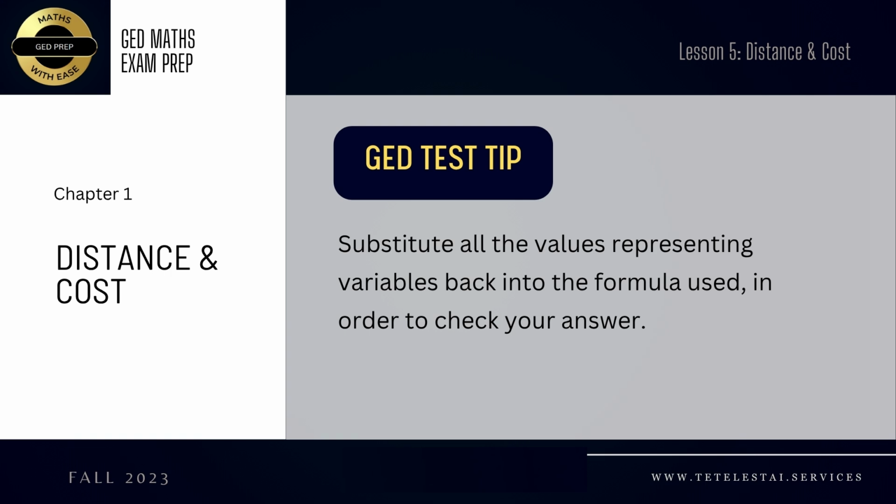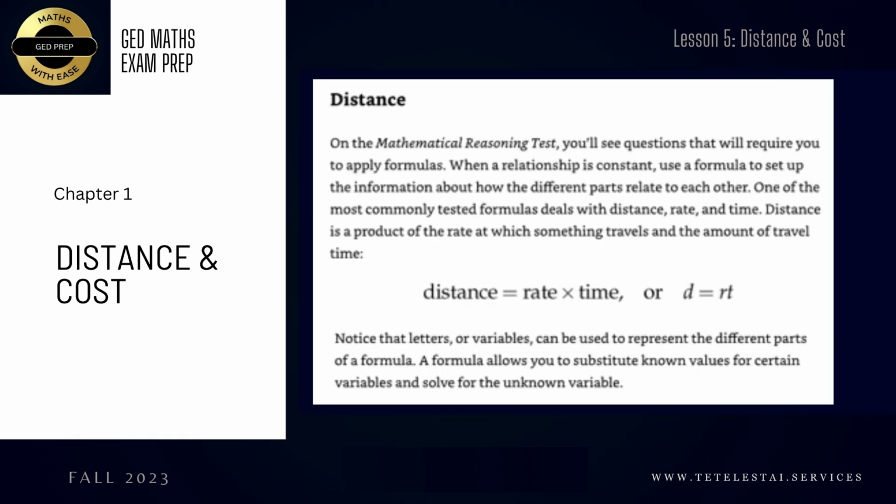All it's telling you is that D represents something, in this case, distance. And that distance is equal to how fast you travel, or the rate of your speed, and how long you're traveling at that rate.